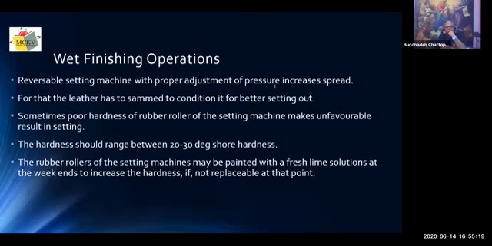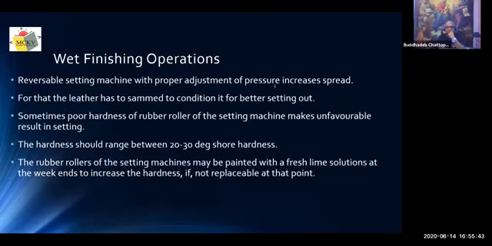Reversible setting machine. A setting is important for increasing the spread. It must be adjusted to the pressure. And for that pressure, depending on the thickness of the finish of the leather after fat liquor, the pressure needs to be adjusted.